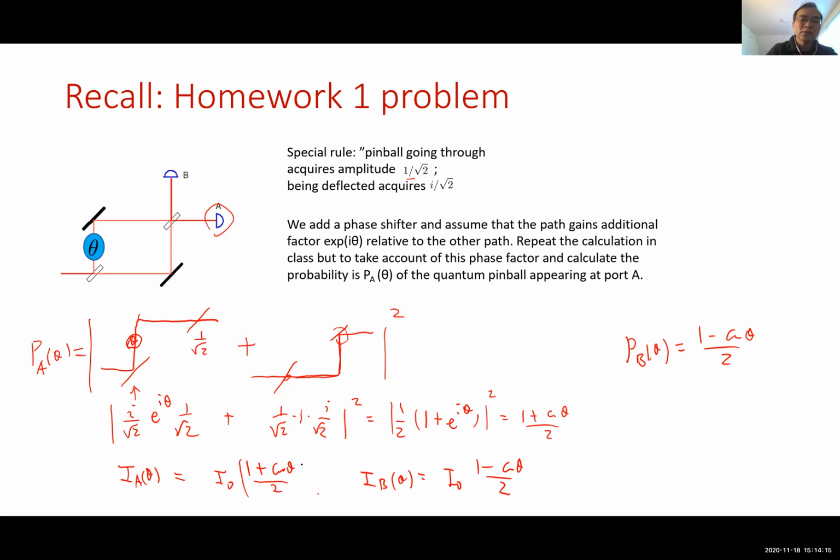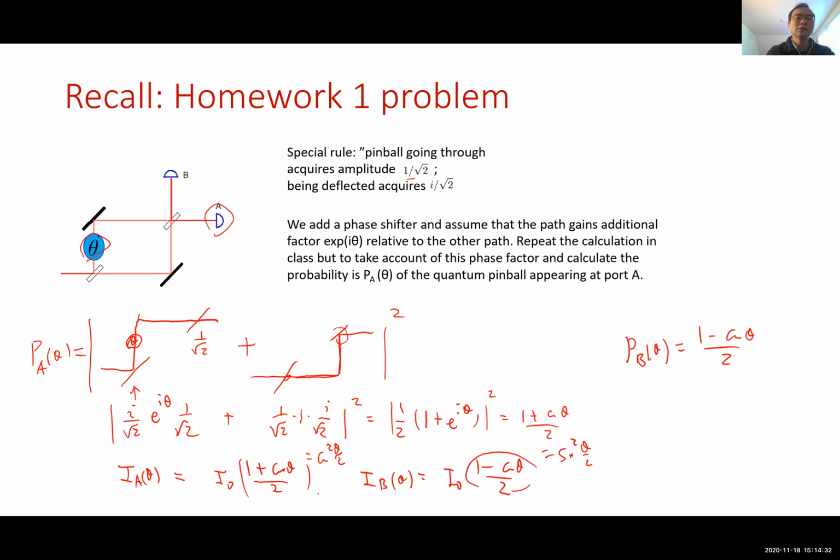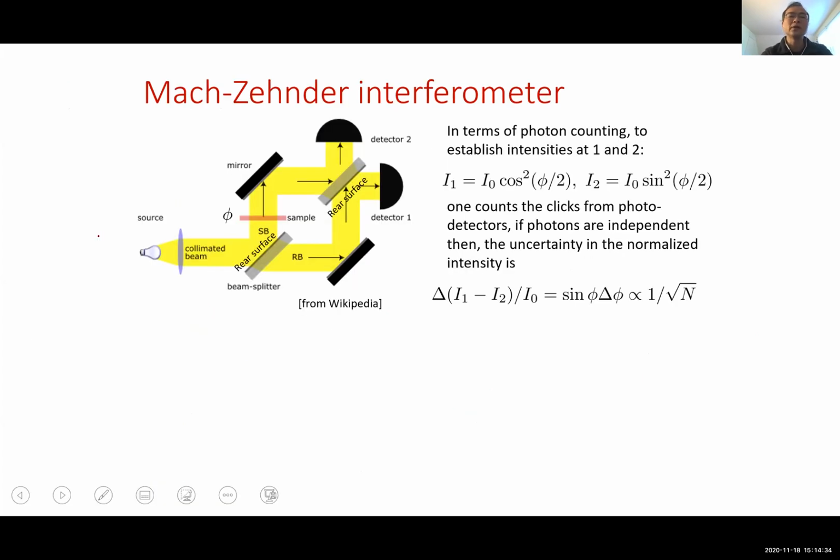I think this part is cosine squared theta over 2, and this part is sine squared theta over 2. I was using theta here, but I use phi in this picture. So that's the intensity coming out at detector 1 and the intensity coming out at detector 2.